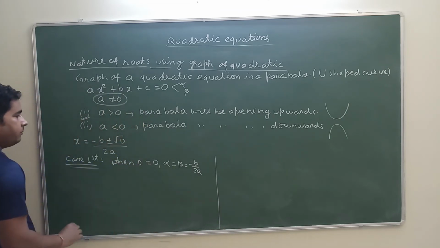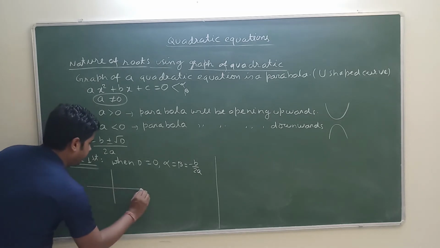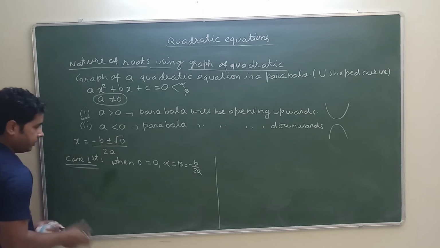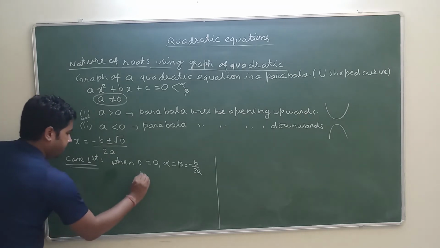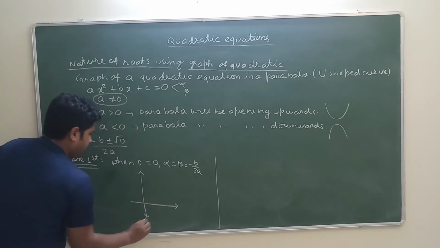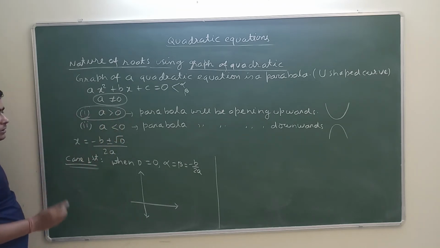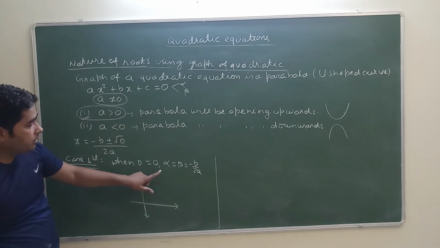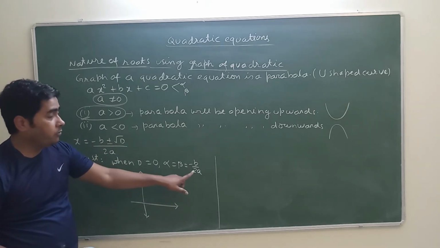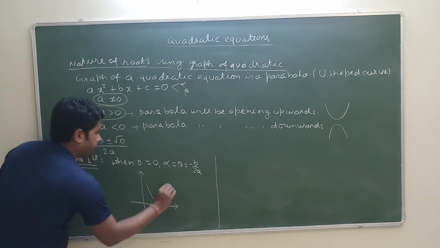So in this situation, when the discriminant is equal to 0, the graph of the parabola will be like this. I am considering a is more than 0. For this situation, if the discriminant is equal to 0, the values of alpha and beta will be equal to minus b by 2a. So the graph will be like this.